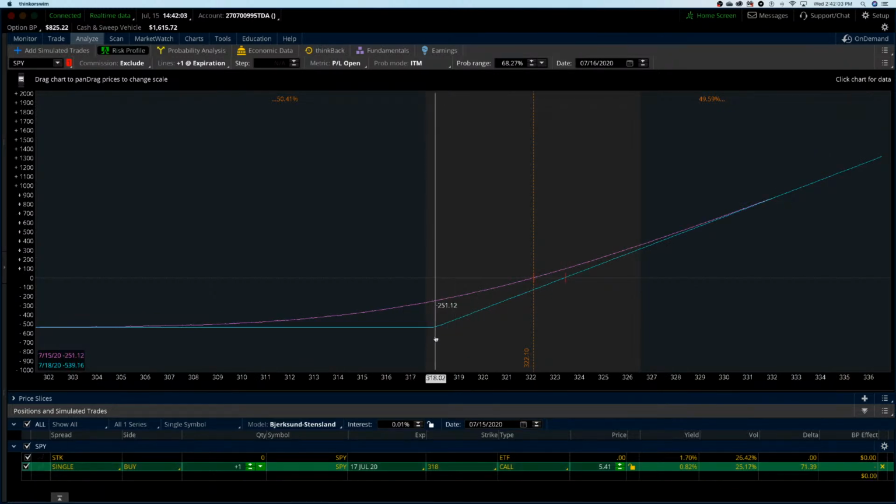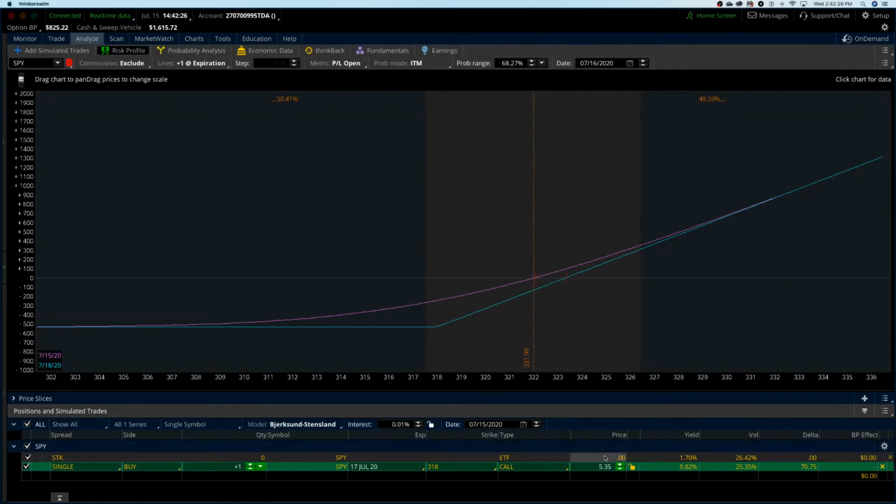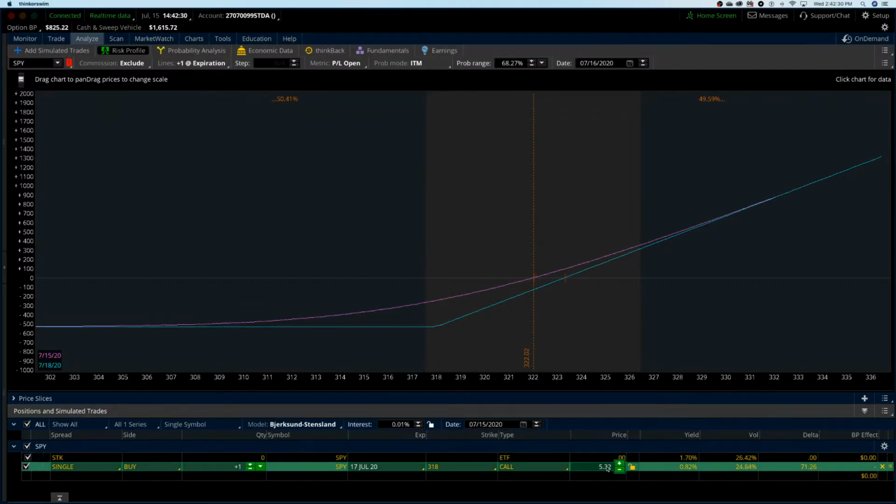I would lose $541, which is 100 times the cost of the option. Actually, it comes out to 537. It's changing all the time. It's right here. The price is $5.35 per share, and there's 100 shares, so it would be 100 times that.